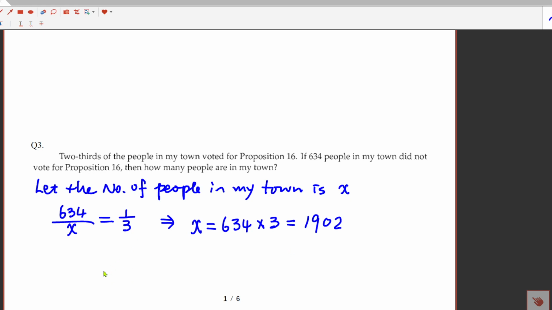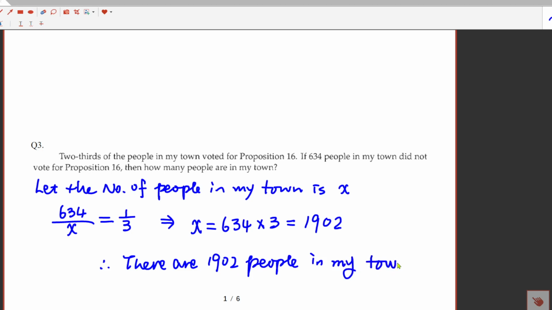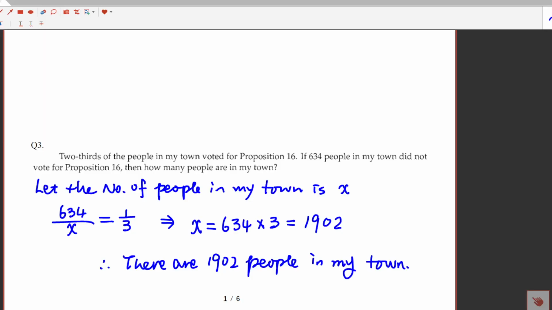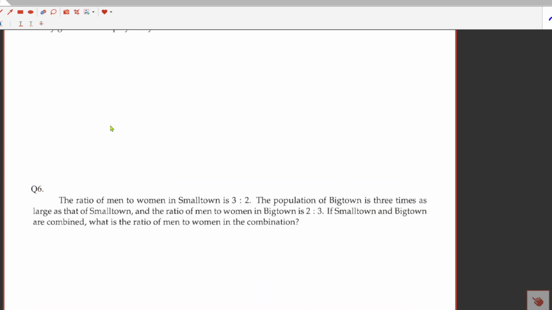Therefore, there are 1902 people in my town. Okay, have a look at the solution here, and let me know if you have any questions. Okay, if not, next one is question 7.